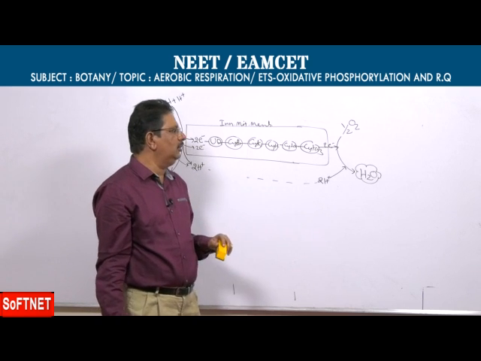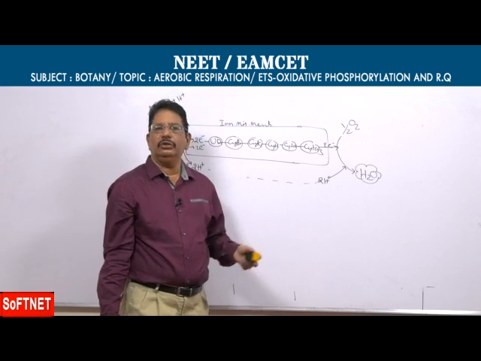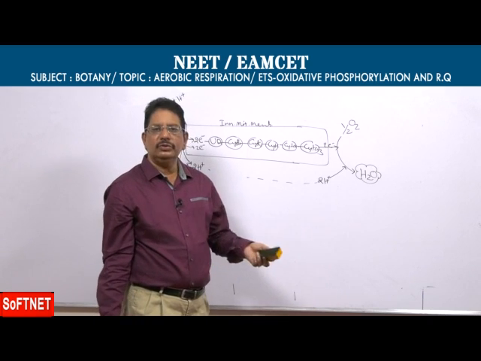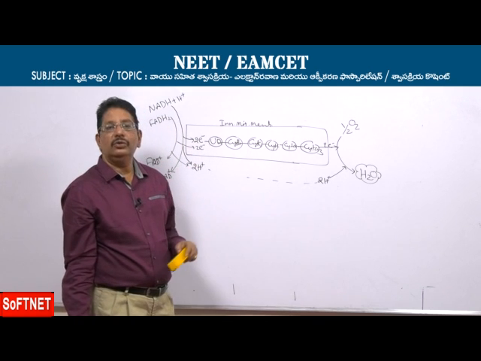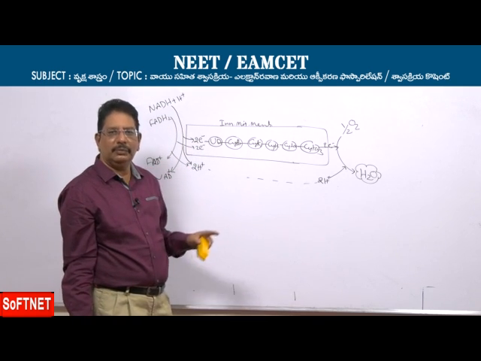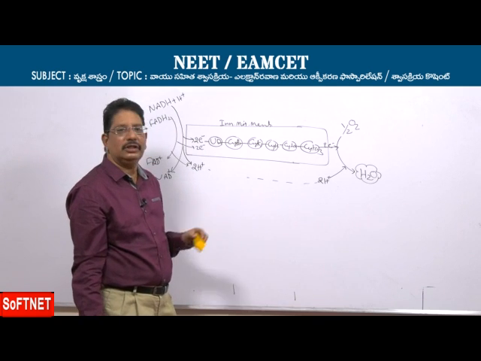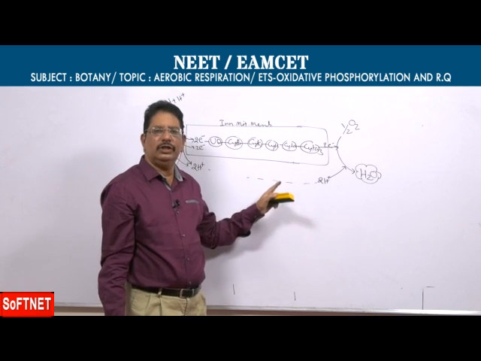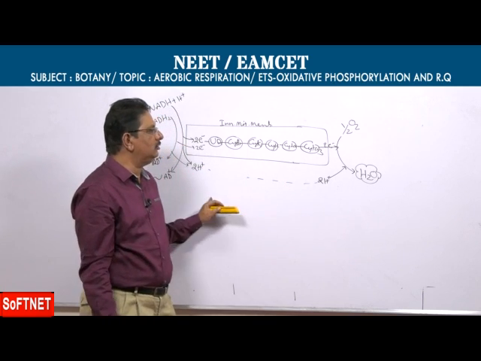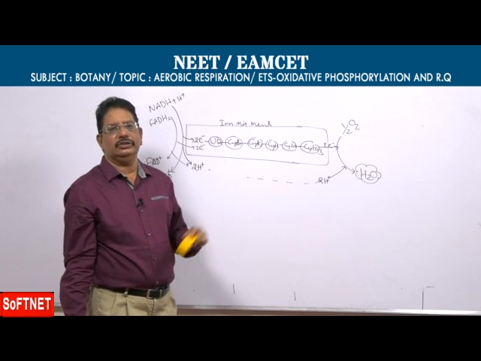Every chemical has an ability to gain or lose electrons. The ability of gaining and losing electrons by a chemical substance is called redox potential. So, electron travel is always strictly according to the redox potential scale.